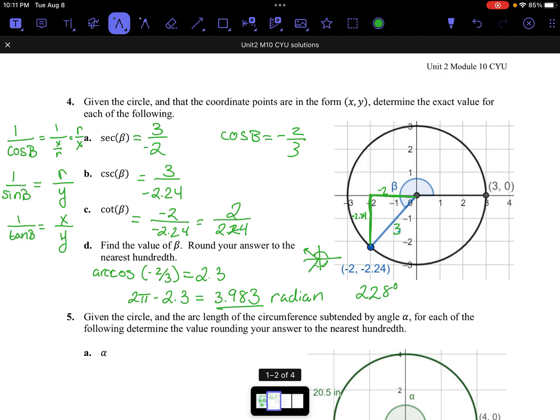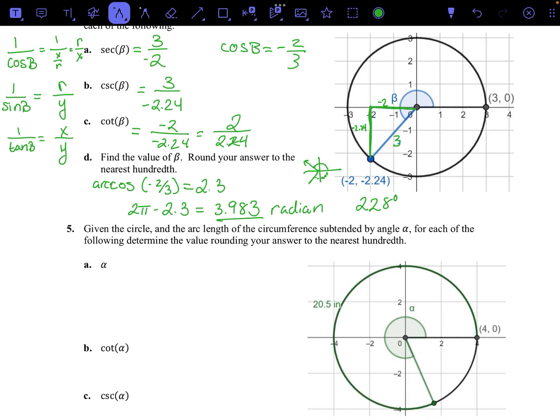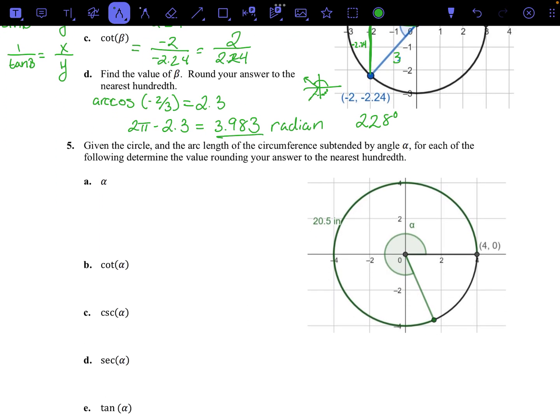All right, the next problem is a little different. So we're given a circle, but instead of giving it a point, we're actually given the arc length. So that 20.5 inches is the arc cut off by angle A. And we're asked to determine the following values, and we're told that we can round if we would like.